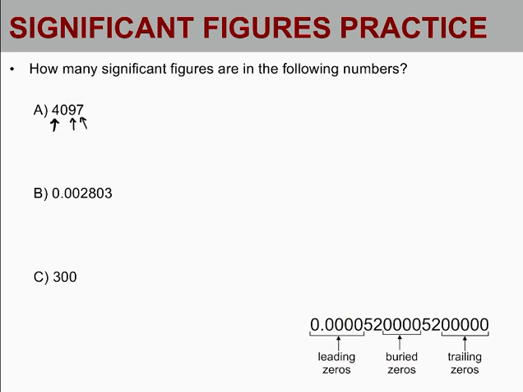So those are all significant. And then this zero is in between non-zero digits, so it's a buried zero, which means that it is significant as well. So all digits are significant. So that means that we have 4 sig figs, which I'll abbreviate as SF.